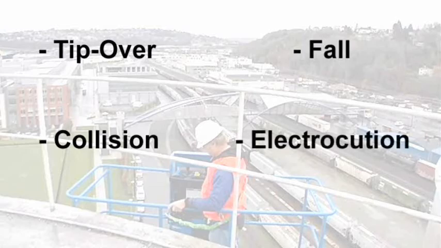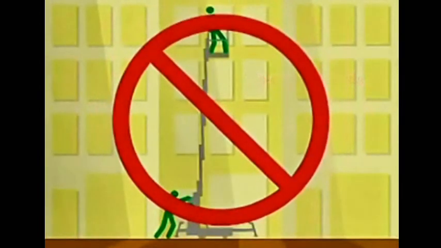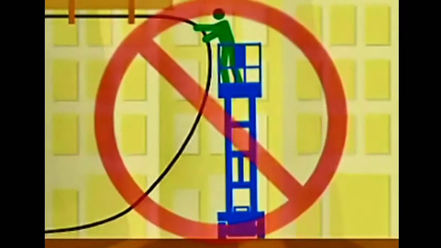Common sense and planning are required to determine if your work activity will affect the lift capacity and stability of the machine. Here are some situations to think about and avoid. The machine must not be moved with the platform raised unless it is designed for this purpose. Pushing or pulling on objects outside the platform.